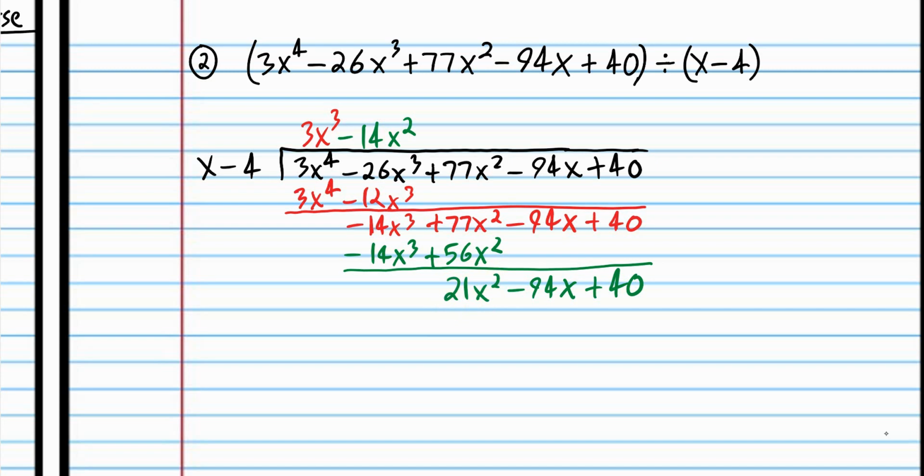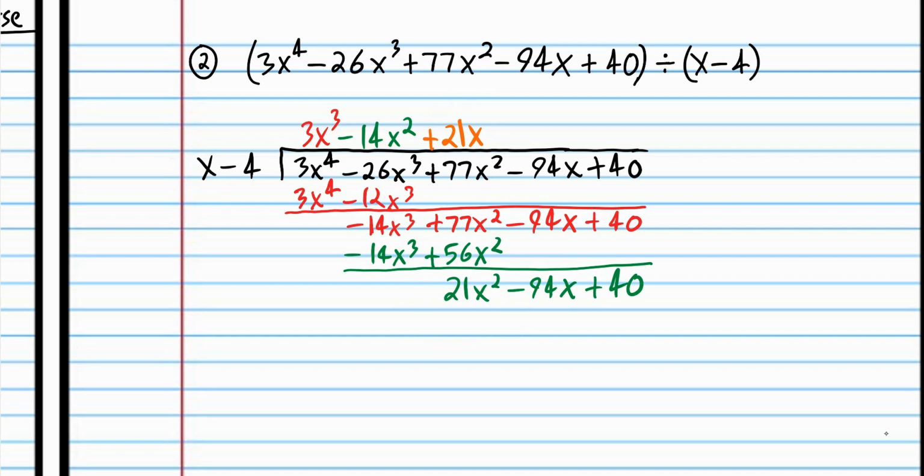So we got to keep going until the degree here is less than the degree here. So starting with cycle 3, x times what number is equal to 21x squared? And the answer is 21x.